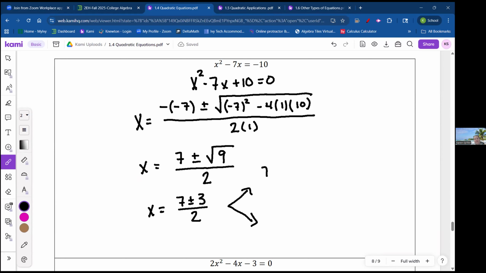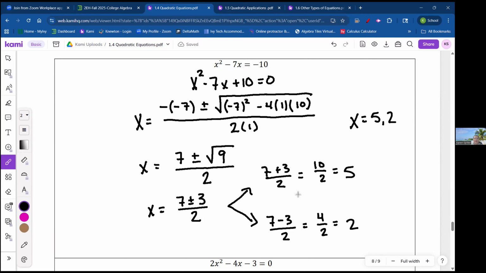You should have 7 plus 3 divided by 2 and 7 minus 3 divided by 2. 7 plus 3 is 10, divided by 2 is 5. 7 minus 3 is 4, divided by 2 is 2. So your answer here is x is equal to 5 and 2, or 2 and 5, whatever order you decide to write those in.